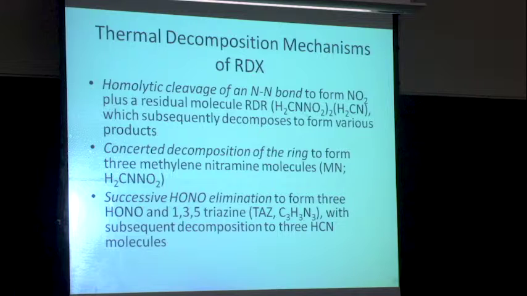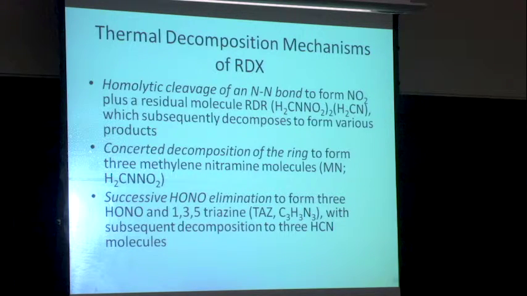And then the question comes about, how does this structure, which is still in a ring, start to open up? I can have the concerted decomposition of the ring, where, if energy is put into it very fast, I end up breaking 3 bonds nearly at the same time, and I form this methylene nitramine molecular structure. Or at a lower heating rate, I can go through a process of HONO elimination.